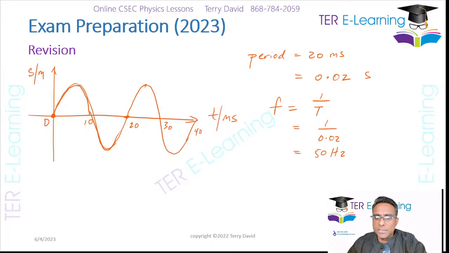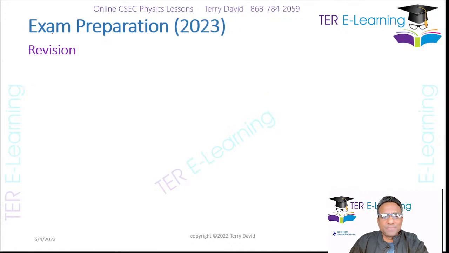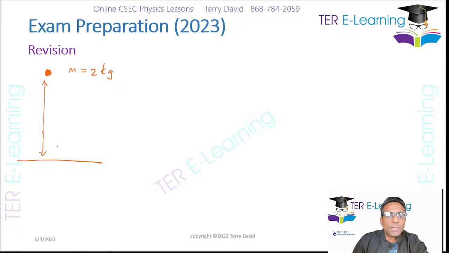All right, let's see. What else did I want to show you here quickly? Let me just do a mechanics question here for you guys. Let's say I have an object here. The object has a mass of, let's say, 2 kilograms, and the height here is, let's say, 0.5 meters.